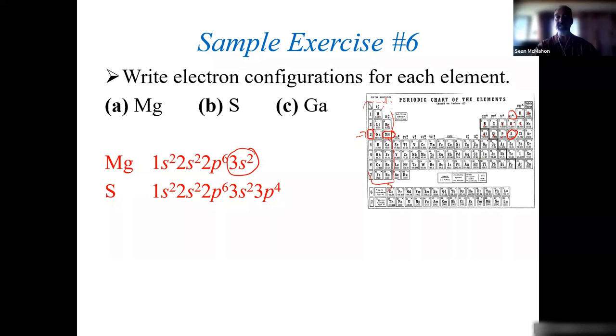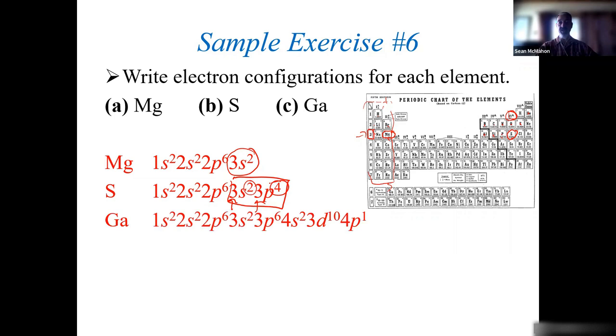That 6 means in the 3rd energy level there's 6 electrons. How do I know 3rd energy level? That's what this number shows me. There's 6 electrons. That's why it's group 6A. But the first 2 go in the S sublevel, and then the additional 4 go in the P. That's why it's a 3p4.